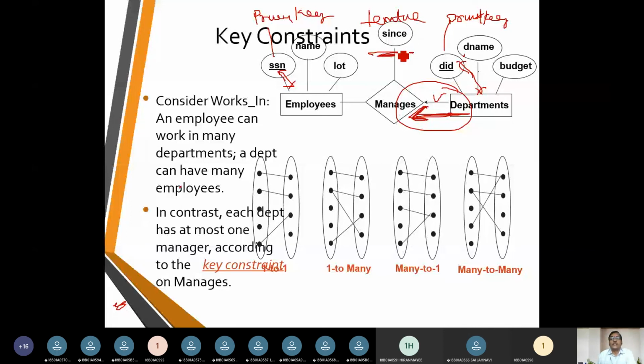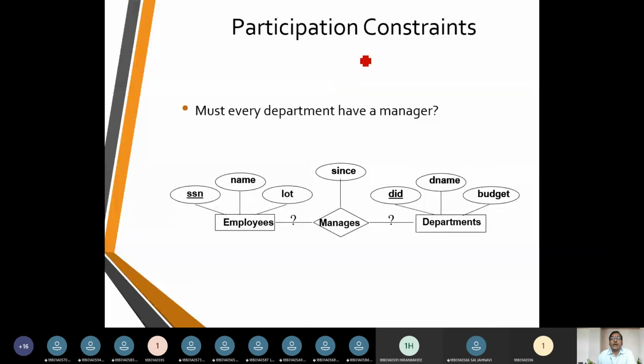Now the participation constraints. It is the same thing: every department should have a manager, and how long it is going to work.